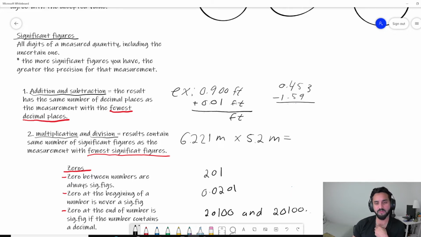The fewest decimal places in this example is 0.01, not this number, because you can see this has 1, 2 decimal places and this has 1, 2, 3 decimal places. So the fewest one is this number, and my answer would have 2 decimal places.